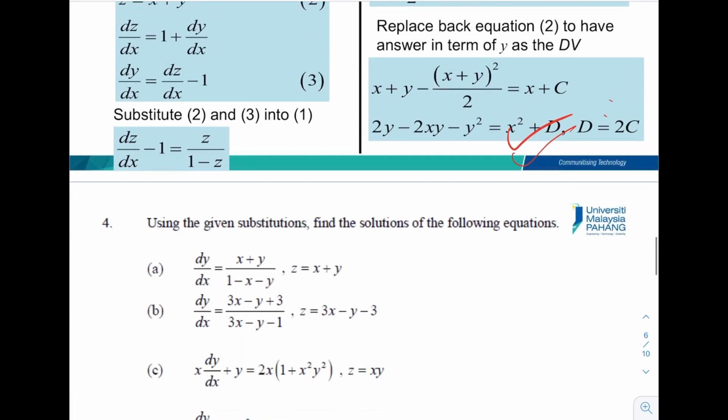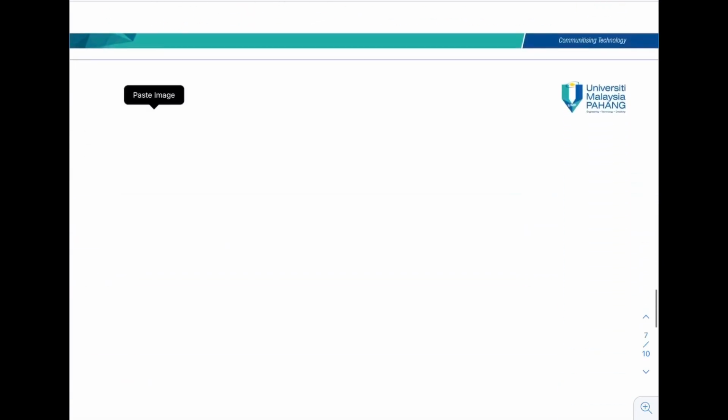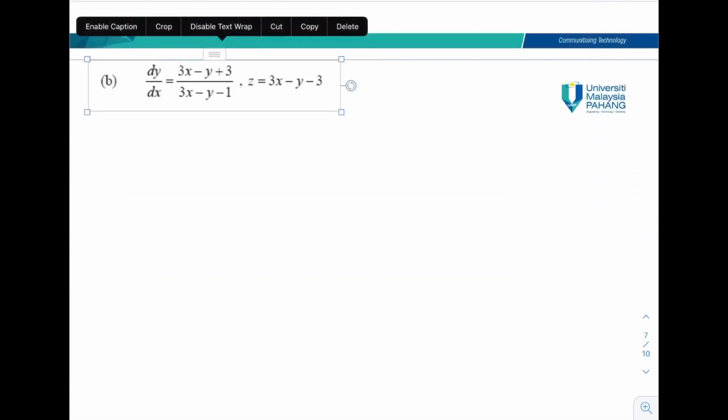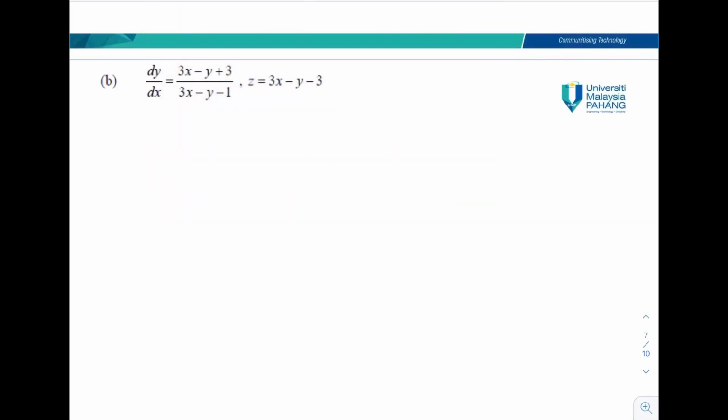Okay, so now we do maybe one example from these exercises. Maybe we can try question B. Okay, so first equation, z equals to 3x minus y minus 3.